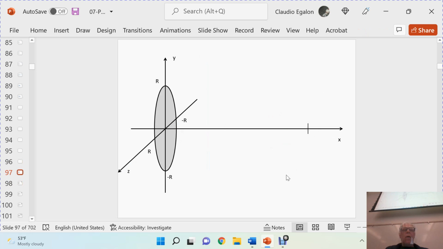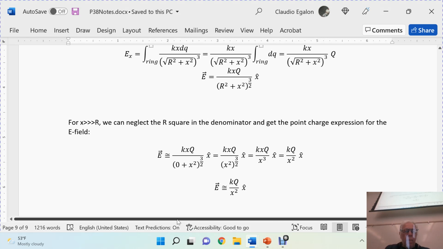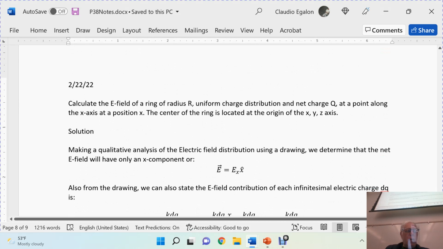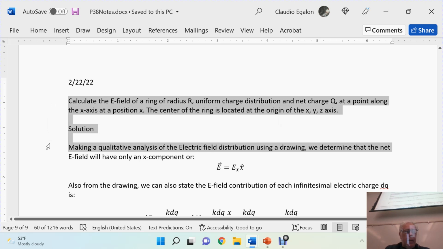Just like before, we draw the disk. Now, here you go. Let me write that down here for you. Repeat the above. Calculate the E field.